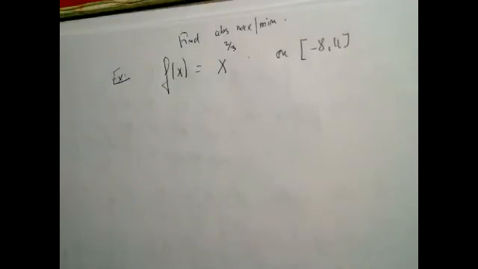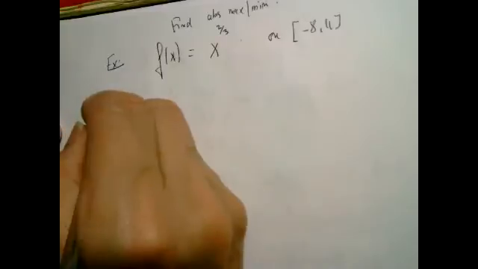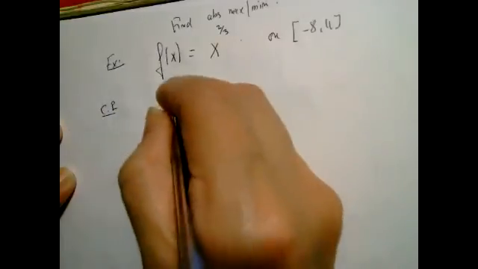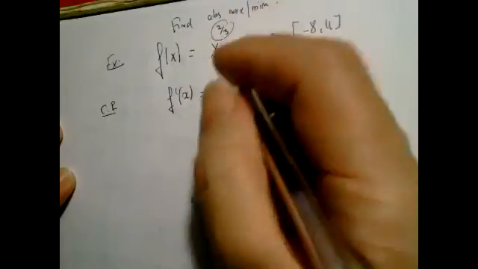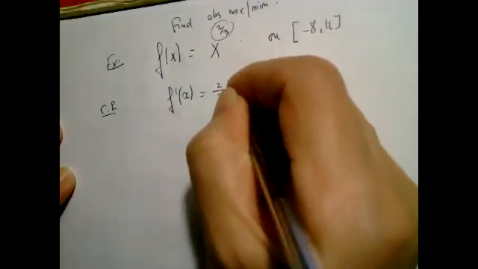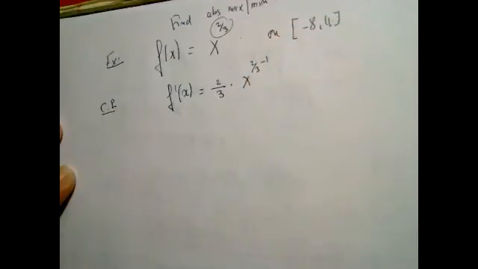Again, with the same process, we find the critical point, and then we proceed from there. Okay? Very good. So let's get going. First, critical point. I'll compute f prime. That's 2/3 x to the power 2/3 minus 1.